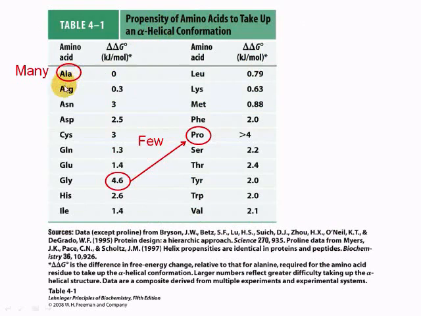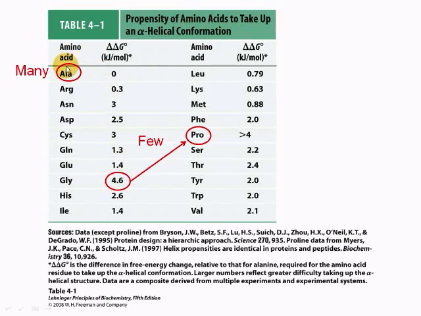Alright, and so we have a bunch of amino acids listed right here, and it turns out that alpha helices only have certain amino acids. And there's some numbers right here, and the lower the number, the more likely that amino acid is to be found in an alpha helix, and the larger the number, the less likely that it will be in the alpha helix.